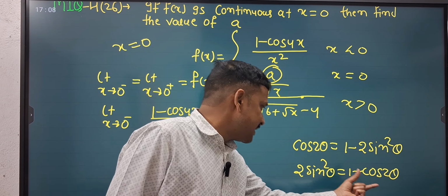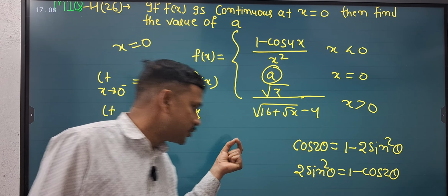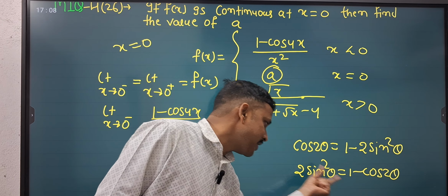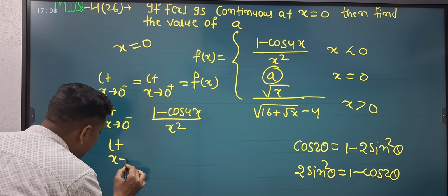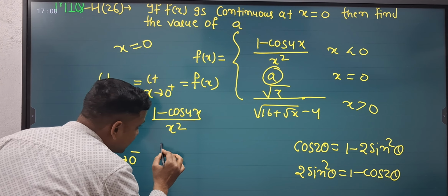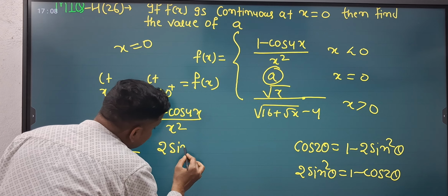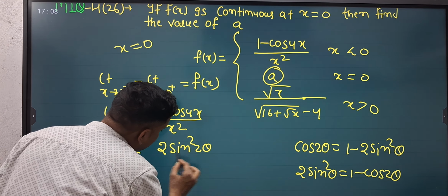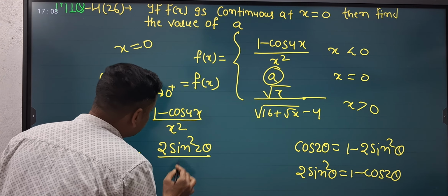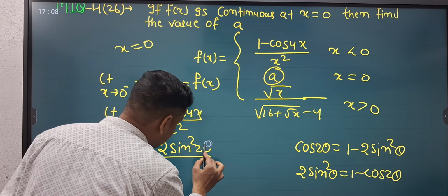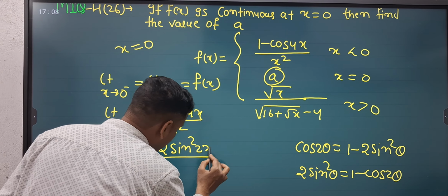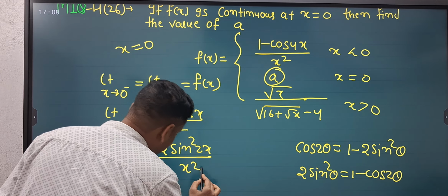Instead of 2 theta, here it is 4 theta, so you can write it as 2 sine square 2 theta. So for that, I can write limit x tends to 0 minus 2 sine square 2x divided by x square.